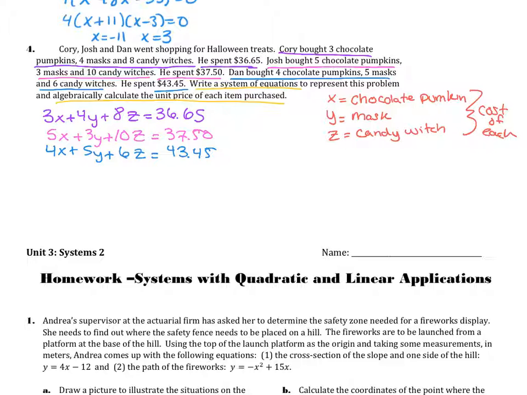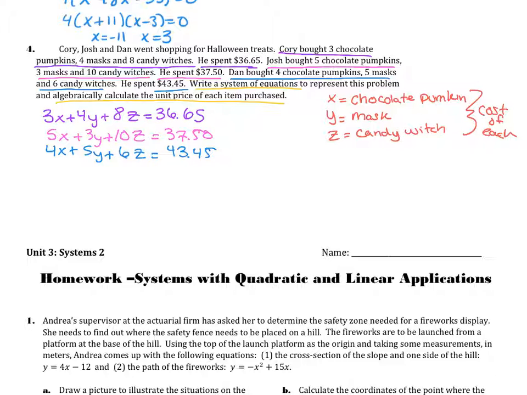Now, it does say calculate this algebraically, but this is on the calculator part of your test. So you could also use matrices if you would like. But if I were calculating this algebraically, the first thing I would do is think about which variable I should eliminate first.